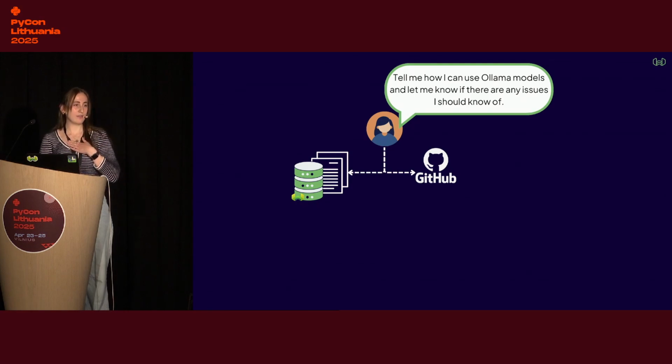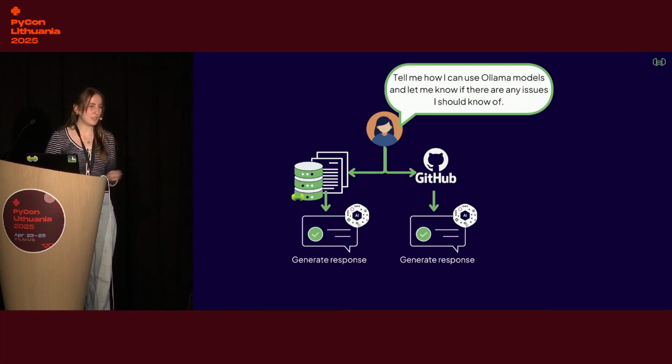So in our little demo, that example might be our same user having the question, tell me how I can use Ollama models and let me know if there are any issues I should know of. With just RAG, the way this might work is that this user might have the idea or the intelligence to say, oh, I should go and look at both of these knowledge sources. I should maybe generate answers from both of these knowledge sources.